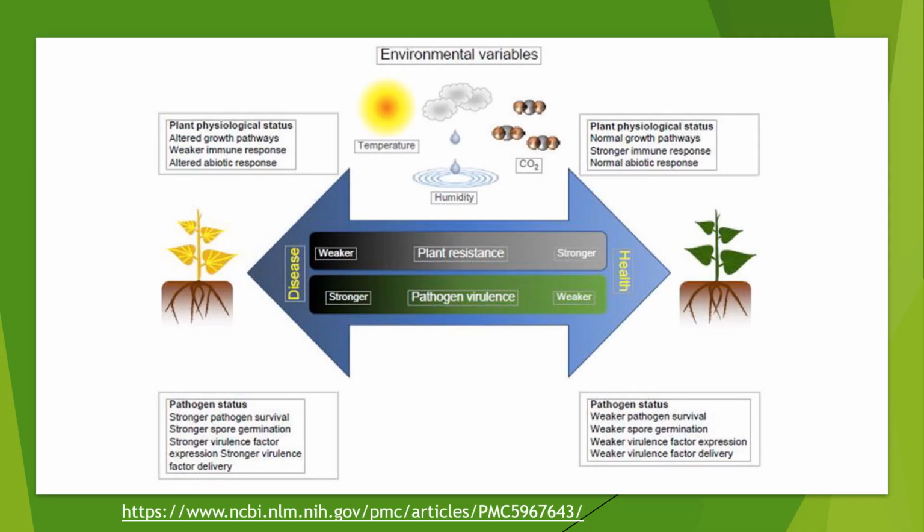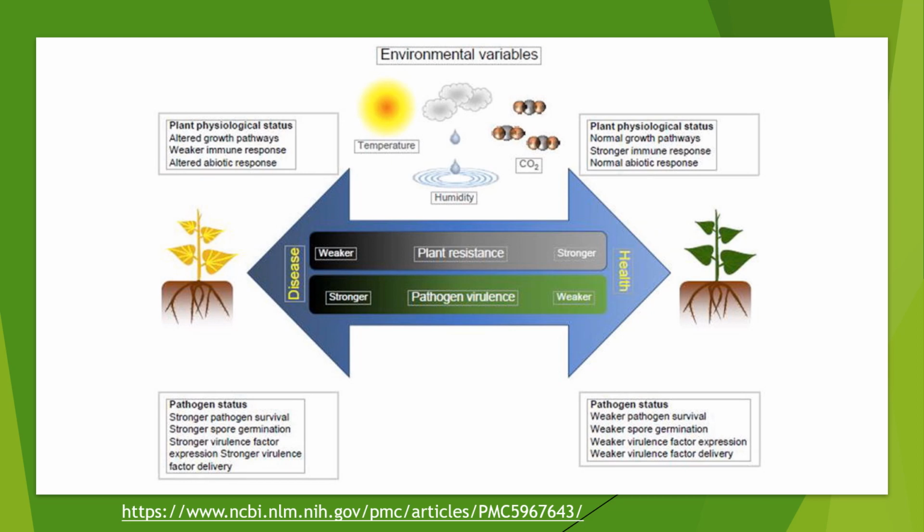Now let's see in this particular picture, we can see plant resistance. If the health of the plant is stronger, it stays healthy, and if the resistance is weaker, the plant becomes sick or catches the disease. Same thing here, pathogen virulence. If the virulence is weak, the plant remains healthy, but if virulence is strong, the plant gets disease.